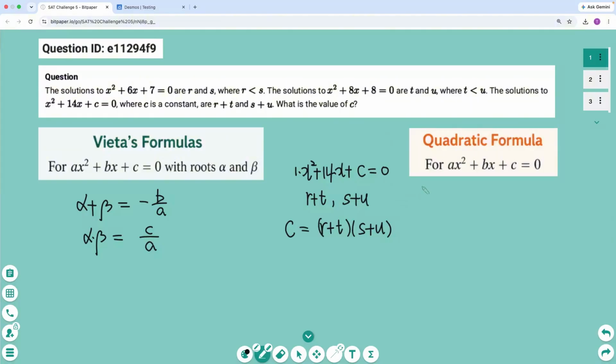Now, let's go back to the first two equations. They don't factor nicely, so we can use the quadratic formula. Remember, for ax squared plus bx plus c equals 0, the solutions are x equals negative b plus or minus the square root of b squared minus 4ac, all over 2a.